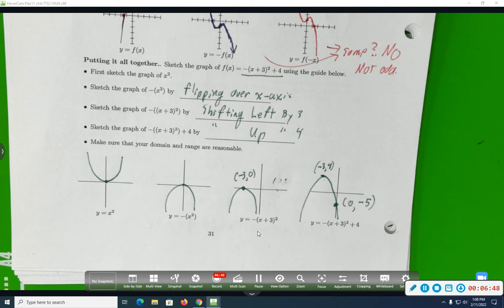Adds 4. And then we flip it over the x-axis. What does that do? A negative on the outside. So I should take the whole function and make it negative. And maybe expand that out a little bit.